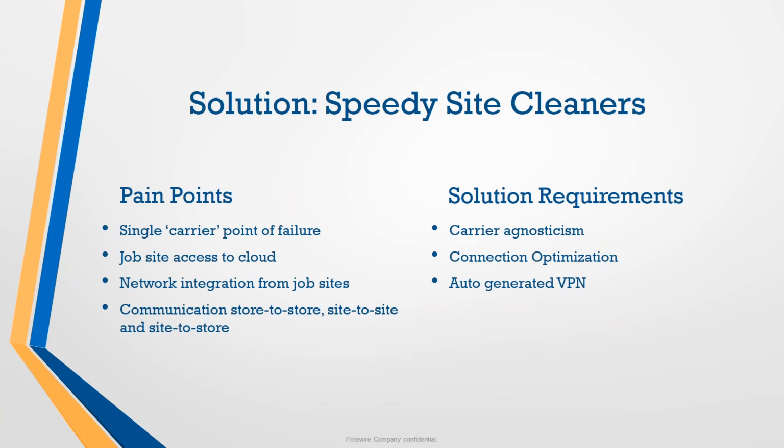So let's take a look at how we implemented SD-WAN into this specific use case. One, again, like we did with every other industry, single point of failure, we implemented SD-WAN to provide those permanent locations with a layer of intelligent load balancing, efficiency, and removed any single point of failure. Job site access to the cloud. So one of the unique things about SD-WAN is it has the ability to utilize any type of bandwidth.